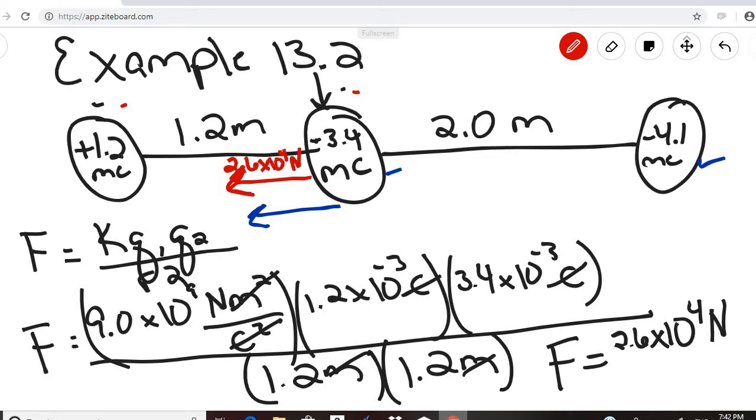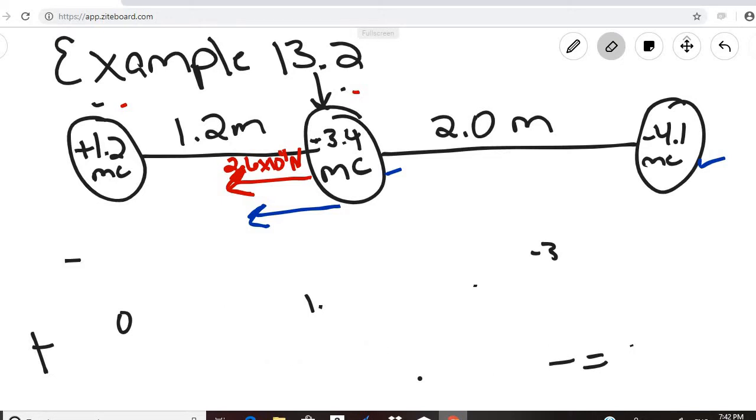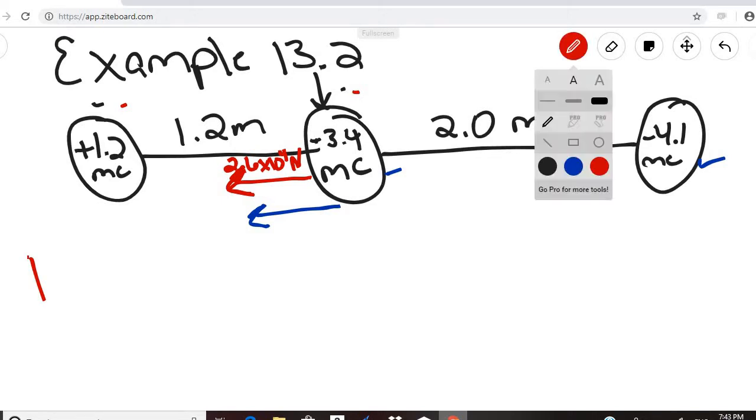Now we're going to do the same thing, but now we'll look at the other particle that is having an effect on the negative 3.4 millicoulomb particle. So I'll go back to black.